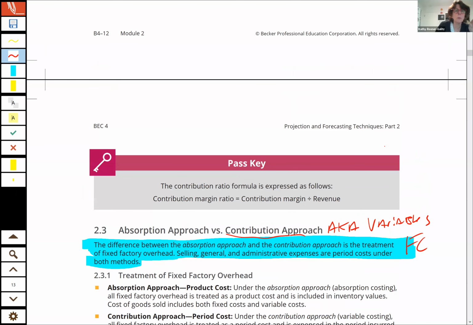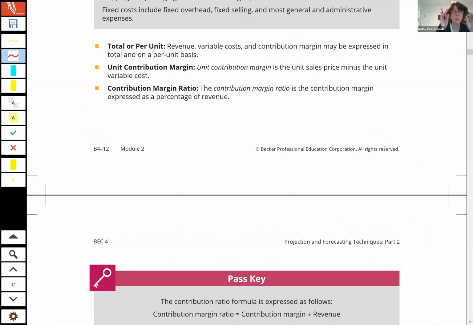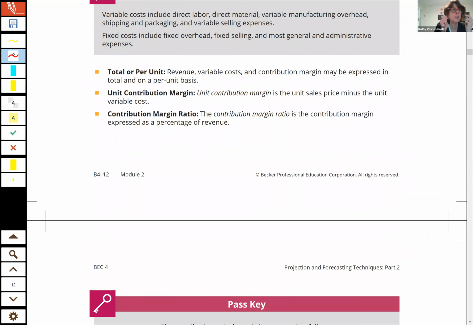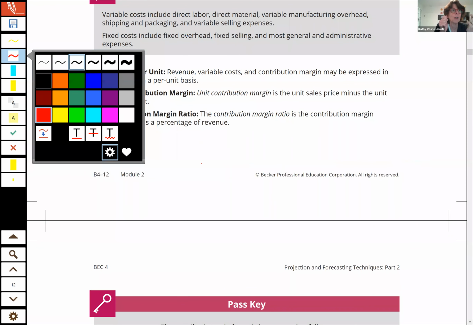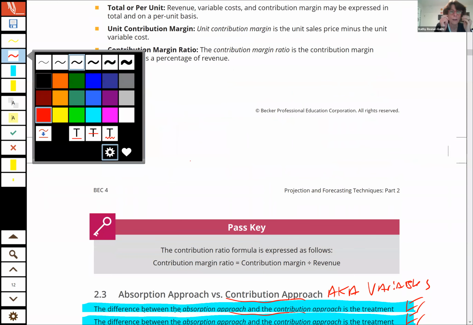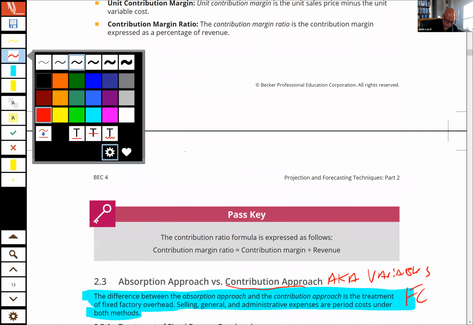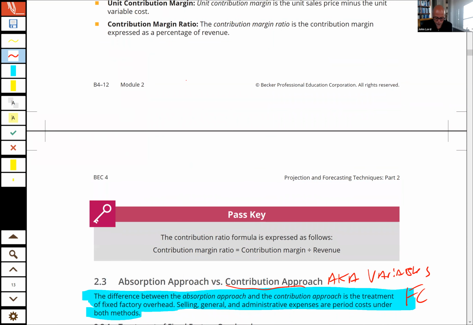So I'm still a little bit hazy on that difference there. So then the difference between the two is really just the treatment of manufacturing fixed costs, right? Correct. Because that's the stuff that will end up in inventory, correct? Under absorption, but not under contribution or variable cost or direct cost or whatever they call it. Correct.